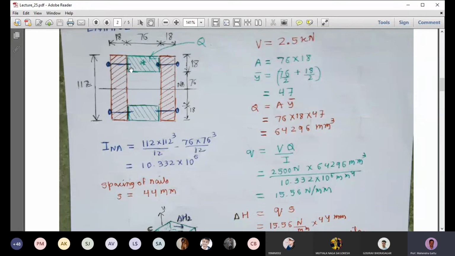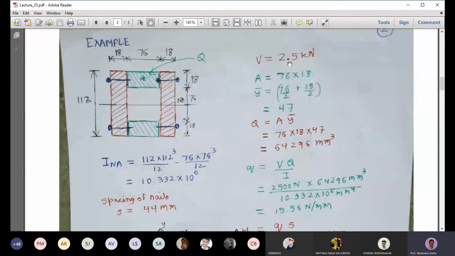Here the spacing of the nails is given as 44 millimeters, and applied shear is 4.5 kilonewton. So what is the shear coming on this vertical face and on this vertical face? The net horizontal shear, let's call it delta H, requires the first moment of this area. First you have to calculate the A value. A will be 76 into the thickness 18, and y bar means the distance of the centroid of this area with respect to the neutral axis.